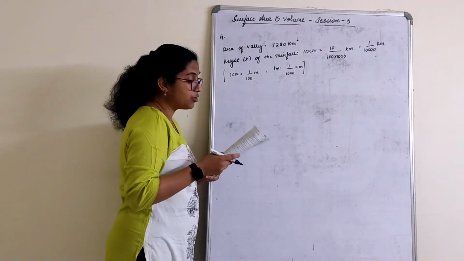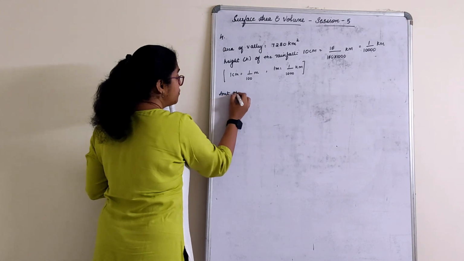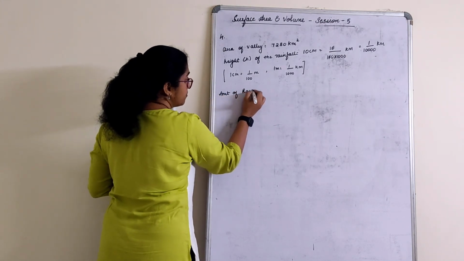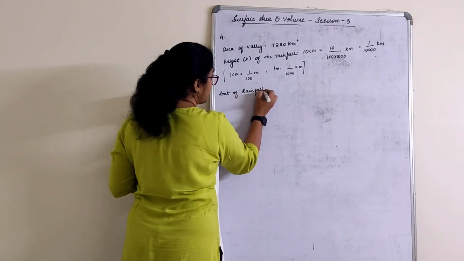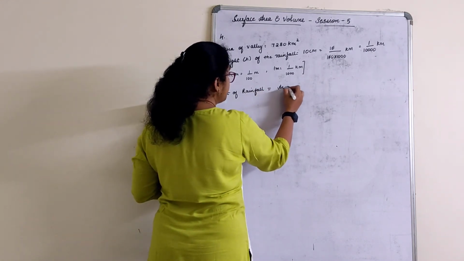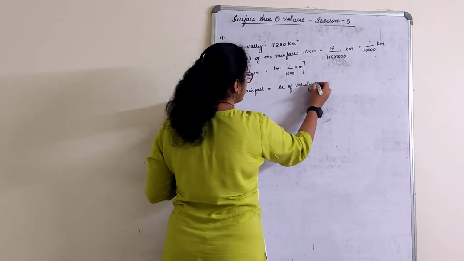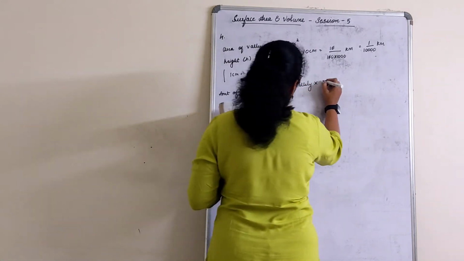Next, amount of rainfall. How do you calculate now? Amount of rainfall. I will calculate that in terms of area of valley into height of the rainfall.